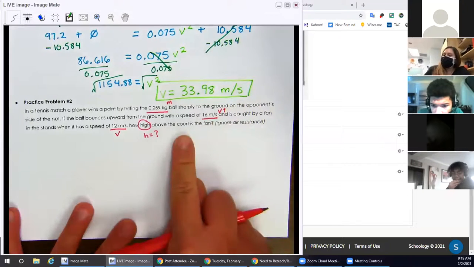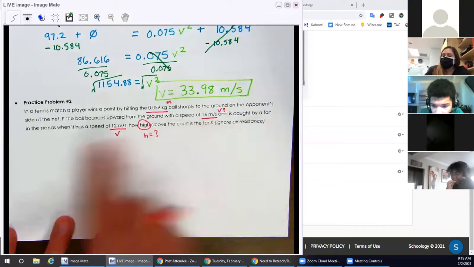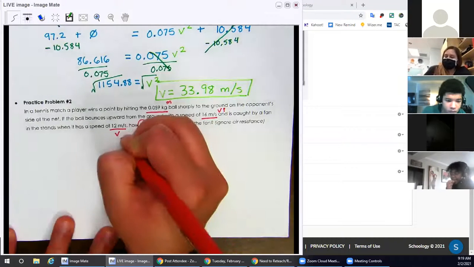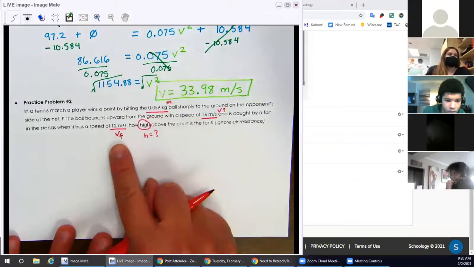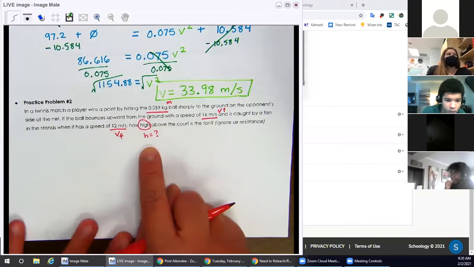So it goes from the ground with the speed of 16 and it's caught by a fan in the stands when it has a speed of 12. So that's going to be our final. It goes from 16 to 12. Now we want to know how high above the court it is. Is that going to be our final height or an initial height?